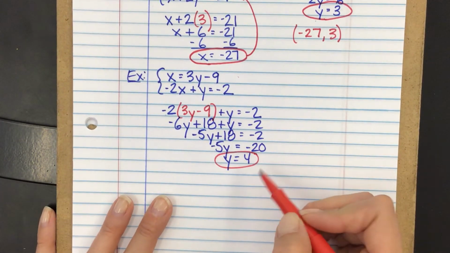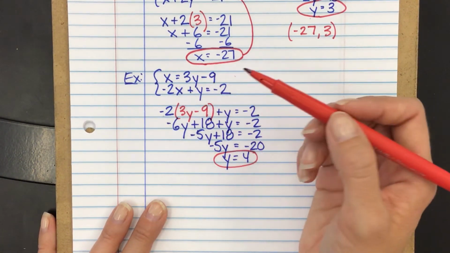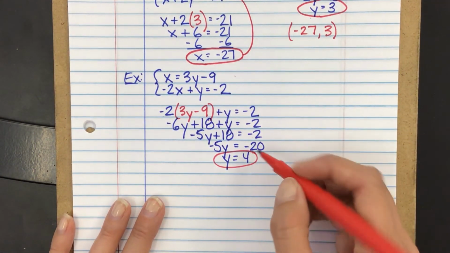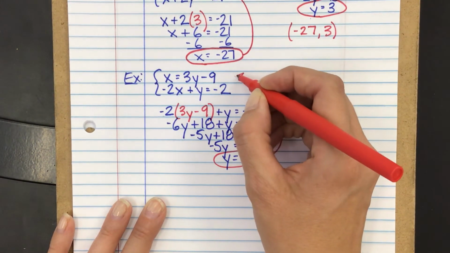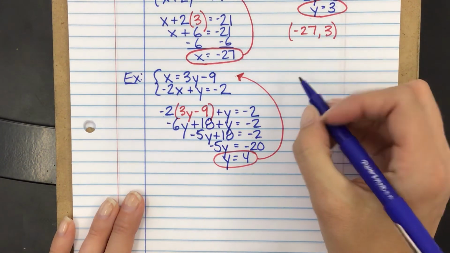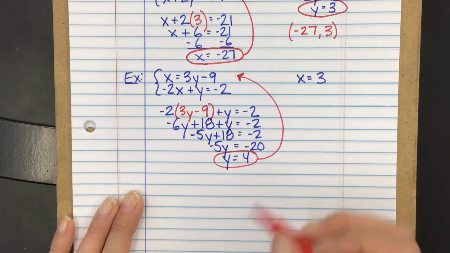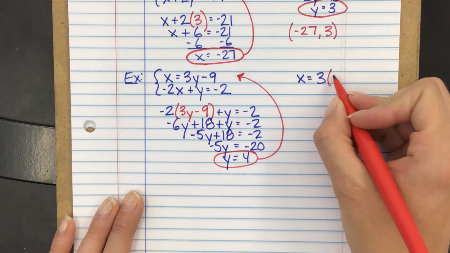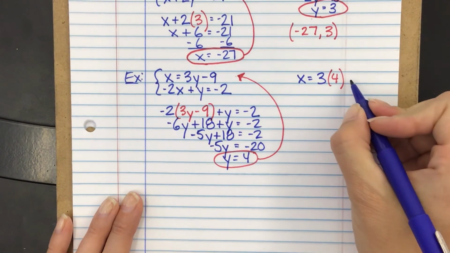Now I'm going to take that value of y and plug it into either one of those equations. It does not matter which one. I'll go ahead and just plug it into that first one because why not? So now it's going to be x is equal to 3, and I found that my value of y is 4, so I'm going to plug that in instead of y.